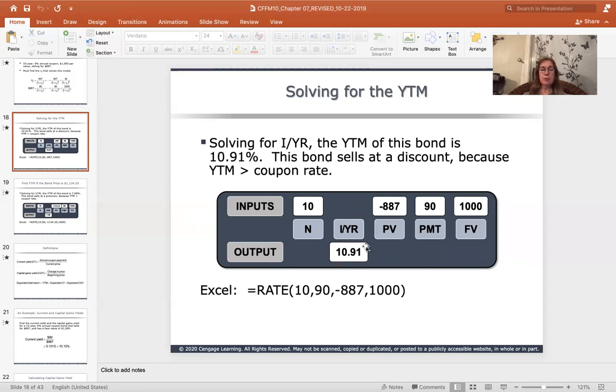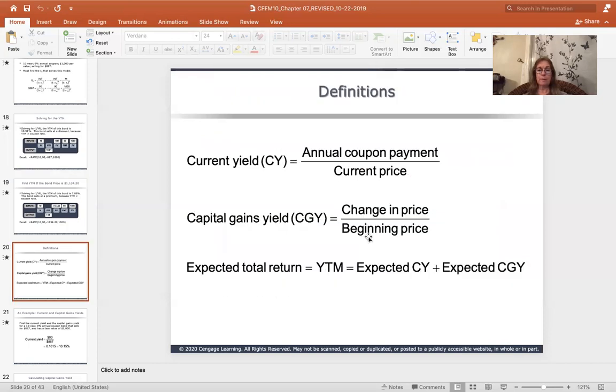If I hold this bond till maturity, this is what I'm making each year overall, my total return. But I'd like to have this broken down into the current yield, what I'm going to get each year from the coupon payment, plus my capital gains yield. So we're going to break that down. Just remember these numbers. We're going to use those same numbers up here.